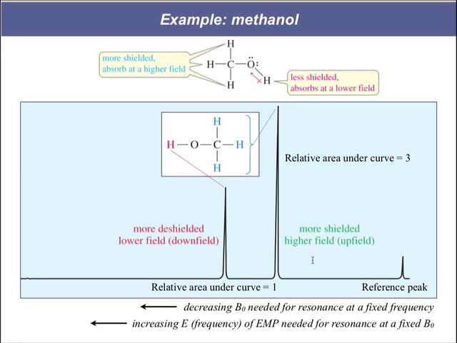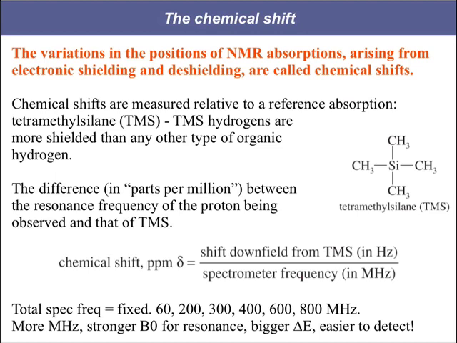That's a lot of information from a relatively simple graph. Now, you'll notice that there's another peak over here. This is called a reference peak, and this is just meant to give us a starting point, basically a 0 point, to show how far these 2 are from the reference peak. This reference peak comes by adding something called TMS, tetramethylsilane, to our mixture.